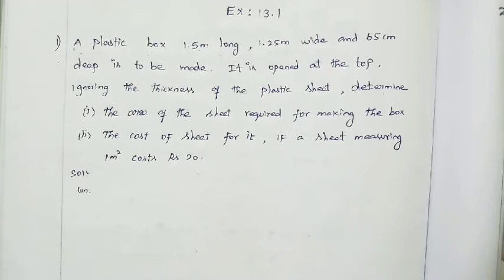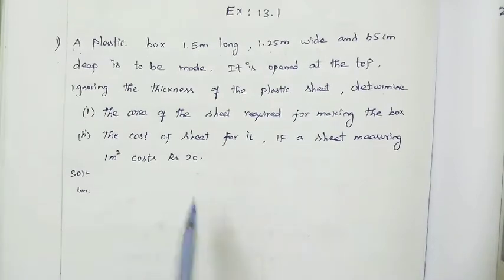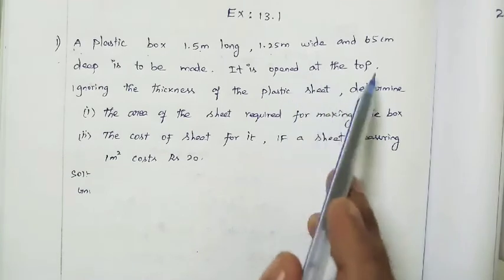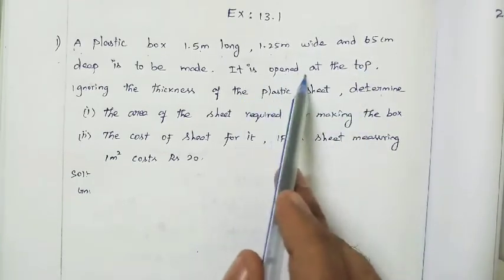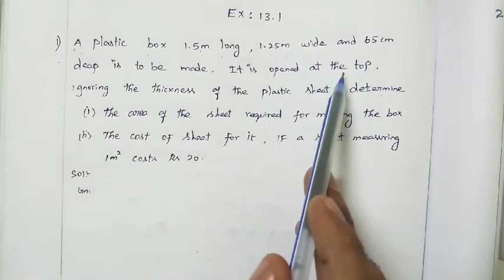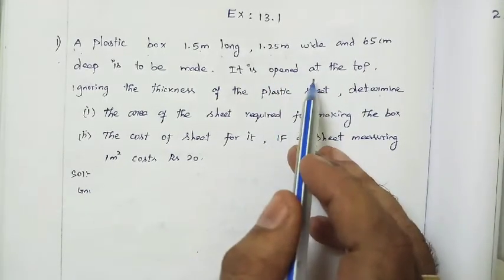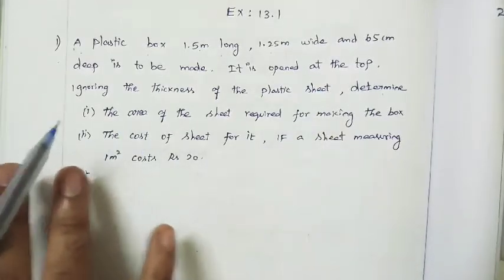If you include the area of top and bottom with the LSA, then it will be TSA. But here they are not including the top area alone. It is open at the top, which means there is no top area, and we only want to calculate the bottom area.